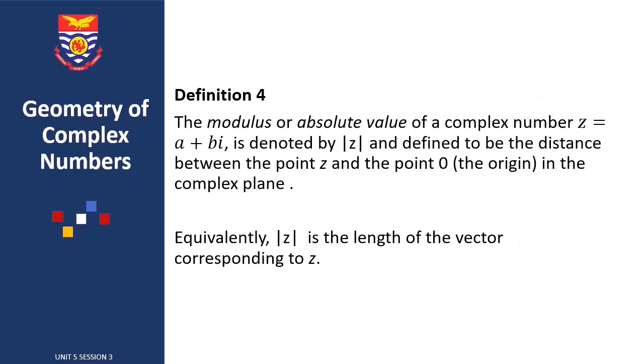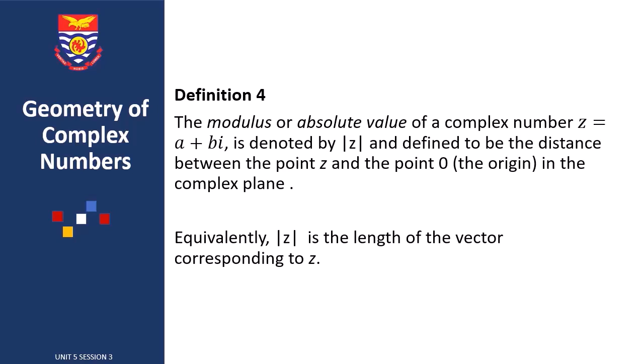Let's look at definitions. The modulus or absolute value of a complex number z, that is a plus bi, is denoted by the modulus of z, as I've already said. Equivalently, the modulus of z is the length of the vector corresponding to z. Z actually represents a vector.